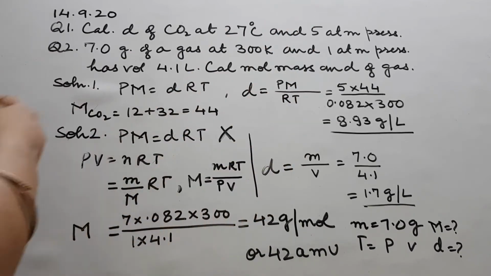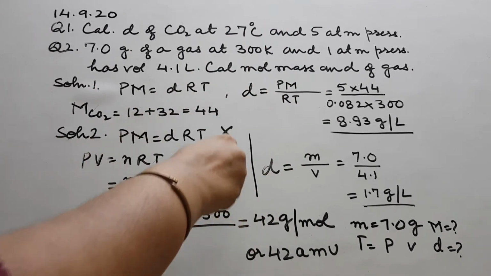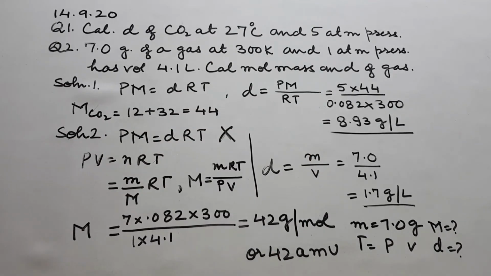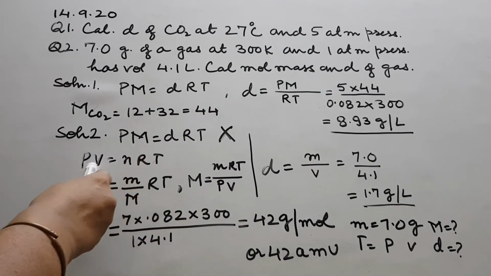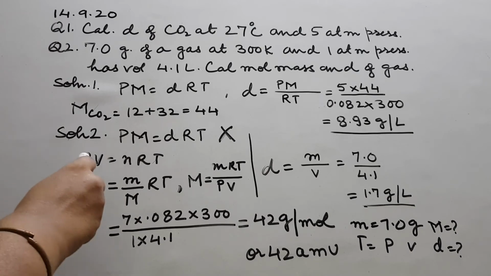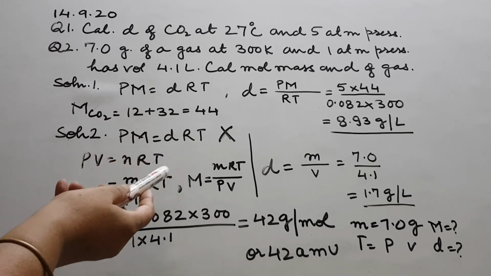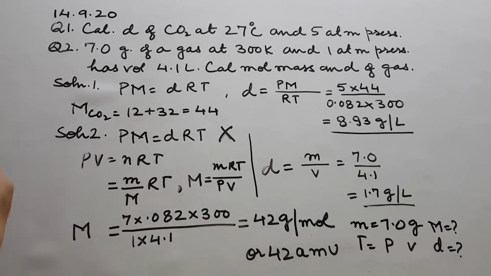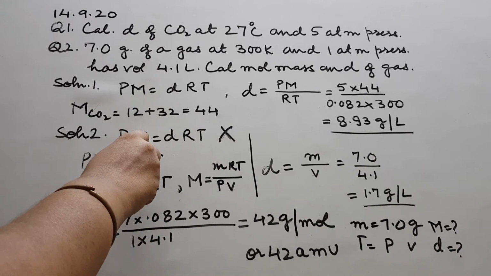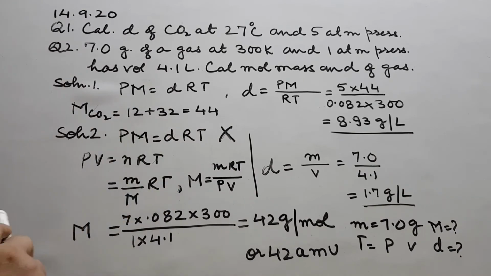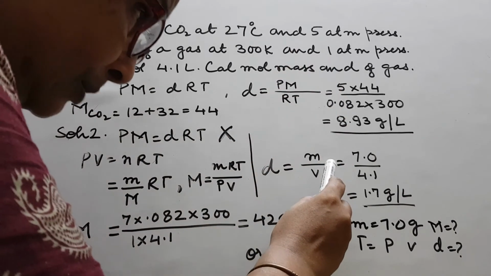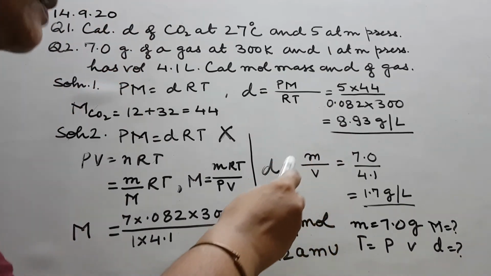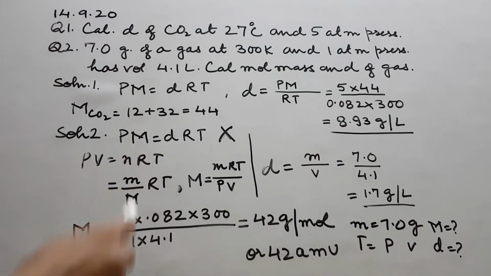But then I did not know M. So quickly, just to make you understand, I took the other equation, PV is equal to nRT. I converted n this way, with RT, and then I got M. Then this M I put in this formula and calculate D. Or I calculate D first this way, then this value of D I put here.